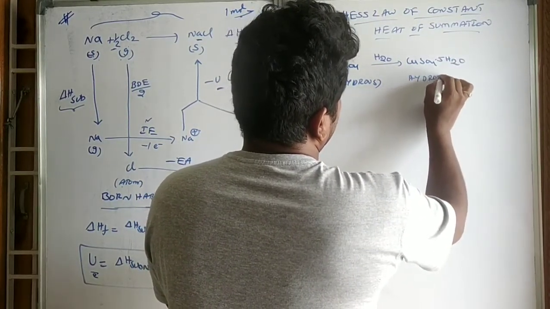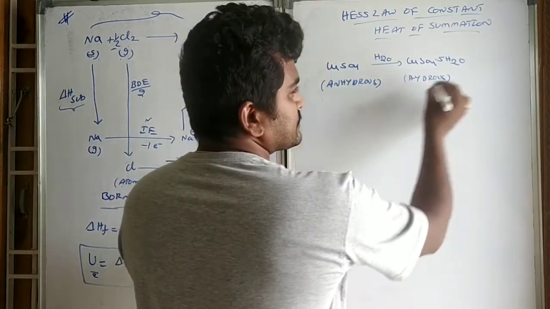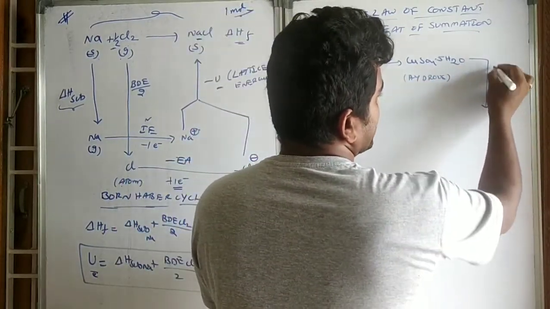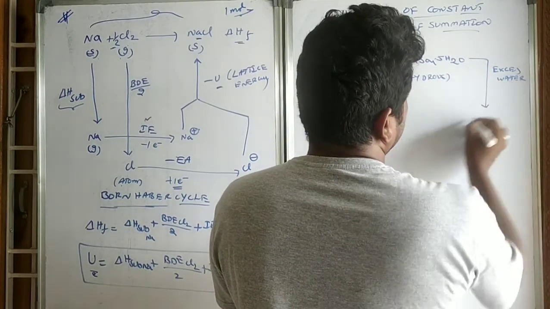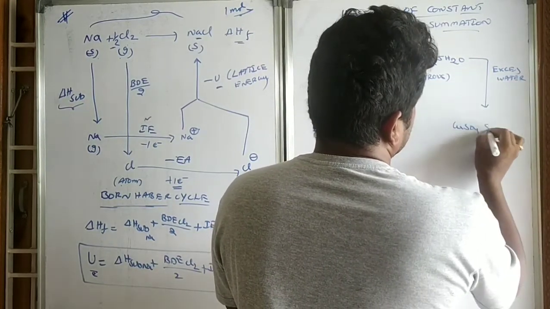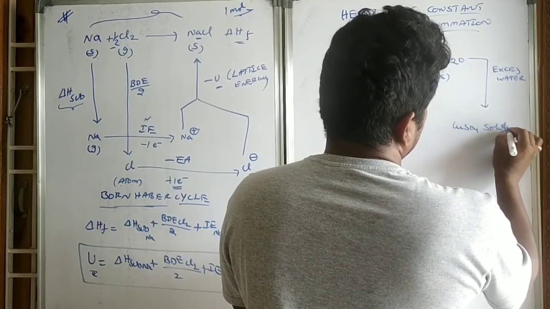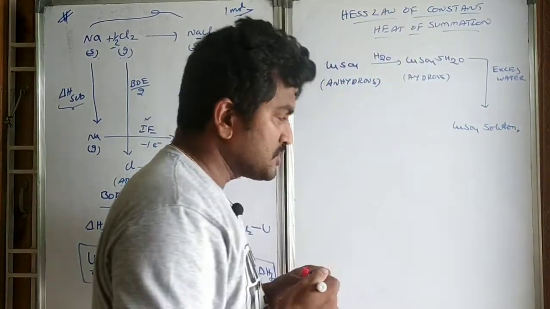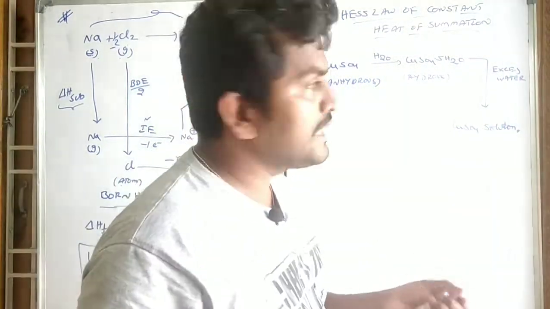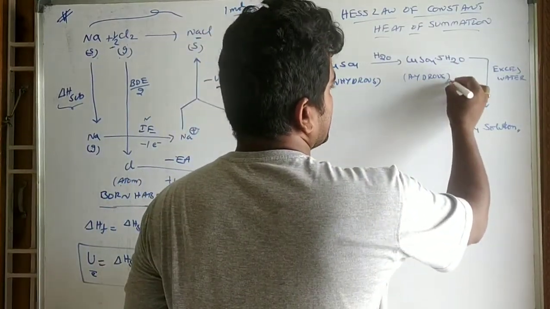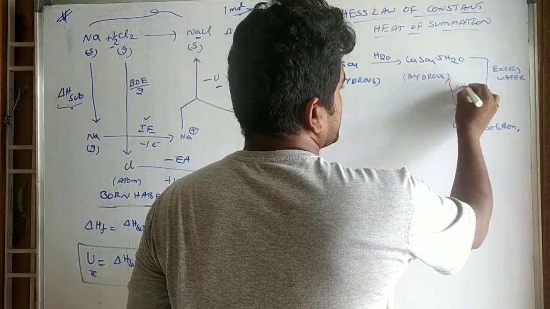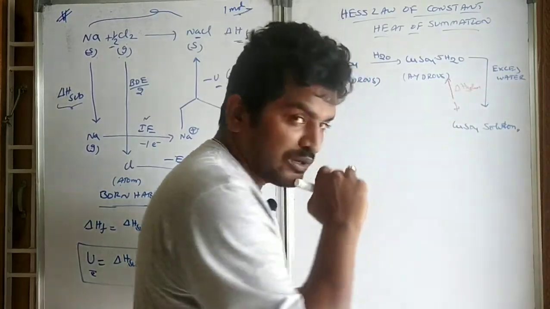This is hydrous. Copper sulfate 5H2O with excess water forms copper sulfate solution. So the amount of heat liberated when 1 mole of substance is dissolved in 1 liter of water is known as enthalpy of solution.